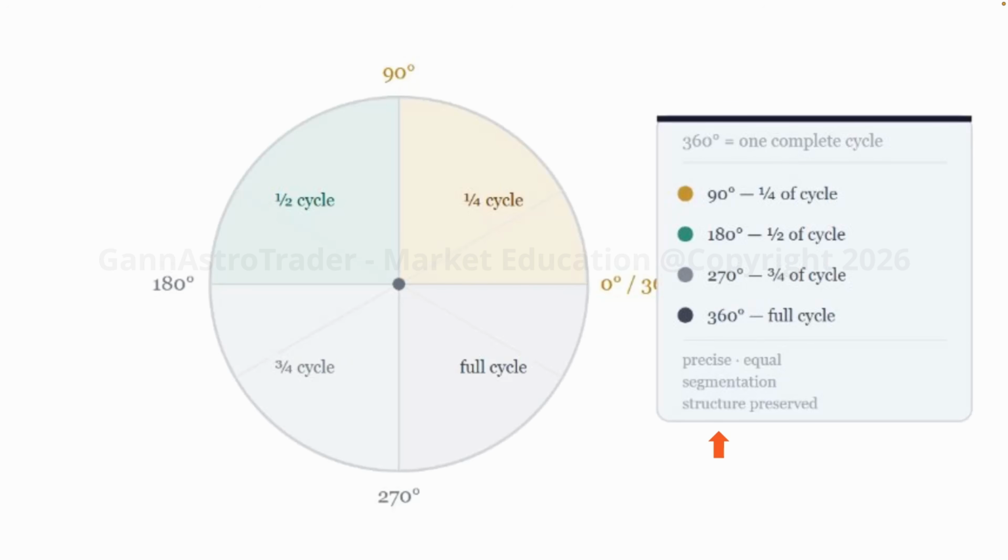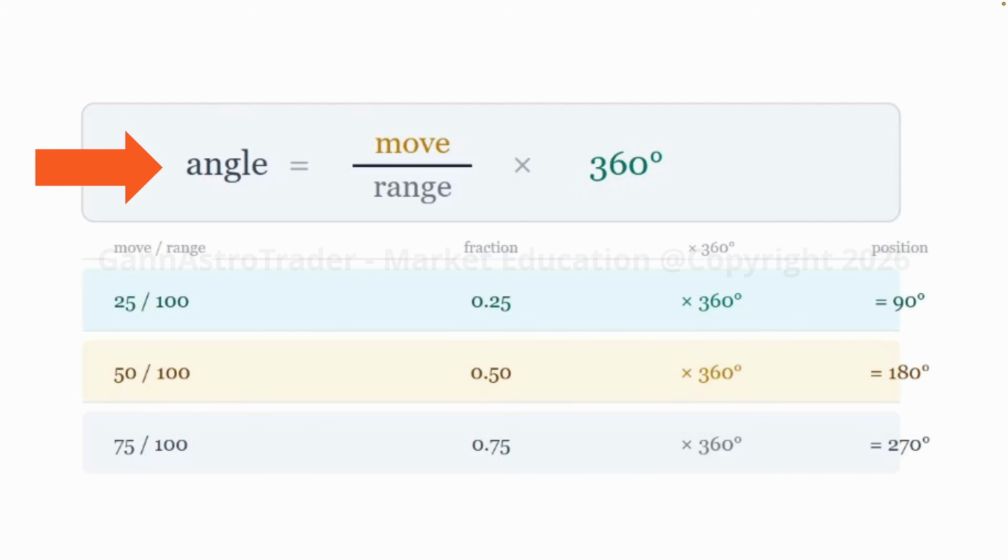Every movement occupies a position, and that position can be expressed as an angle. To do this, we need to relate price movement to the full cycle. If a complete cycle represents 100% of movement, then any smaller move represents a fraction of that cycle.